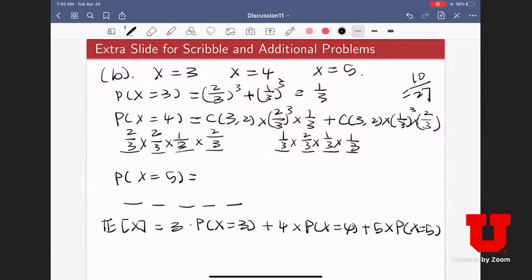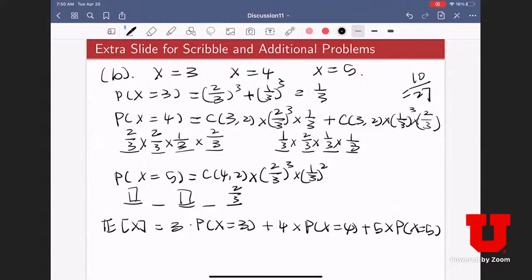Now we have 5 games, and instead of 3 choose 2, now we want to do 4 choose 2, just pick any of the 2. Now we should have 2/3 cubed times 1/3 squared.